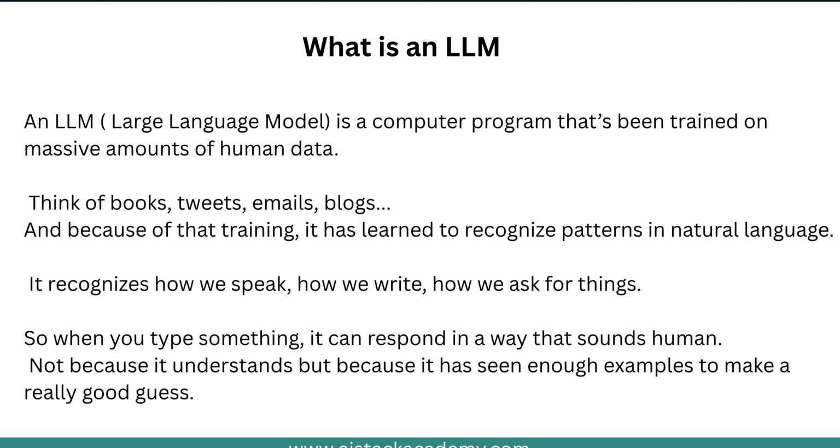So, for instance, I can ask ChatGPT for something and then I say, write it in my words or write it in my tone, because it has been trained, or for the time being I have used it and it is used to my writing. So when I say write this like me, it can generate that same text that would sound like something that I wrote. That's really how large language models work.